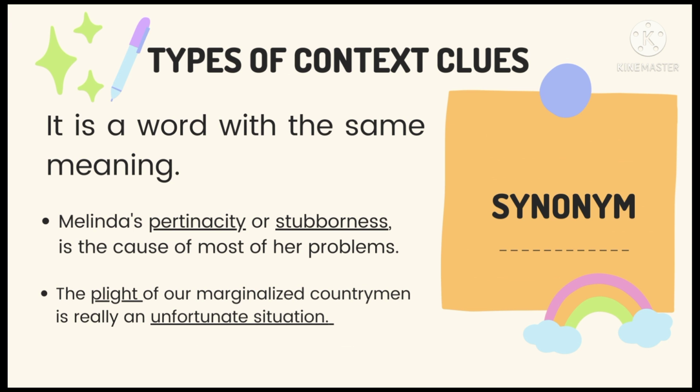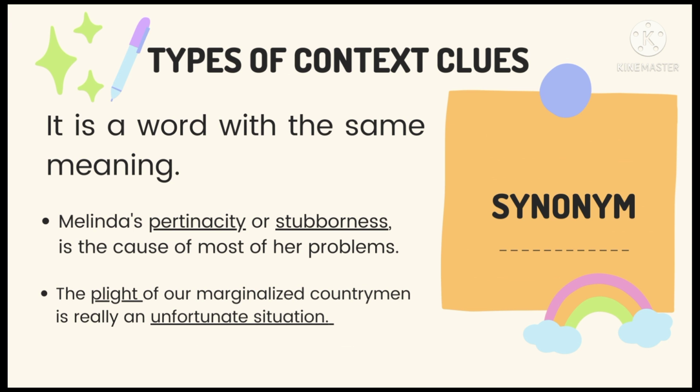Same goes in the next sentence. The plight of our marginalized countrymen is really an unfortunate situation. The unfamiliar word in this sentence is the word plight, wherein in the same sentence, plight was defined as synonymous to the phrase unfortunate situation. So we can say that the word plight means unfortunate situation.